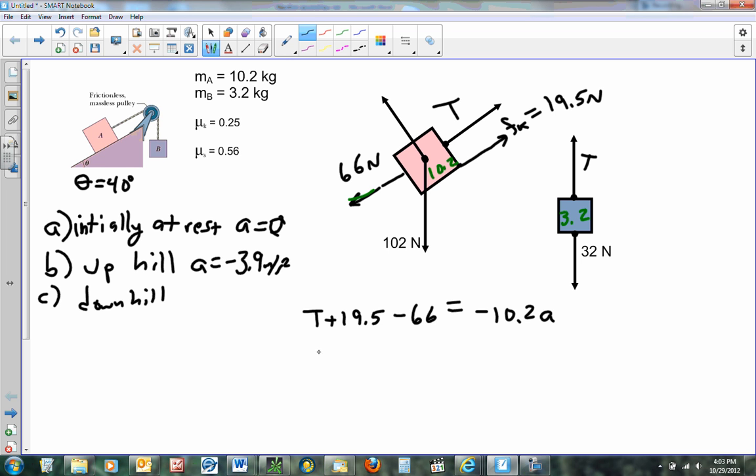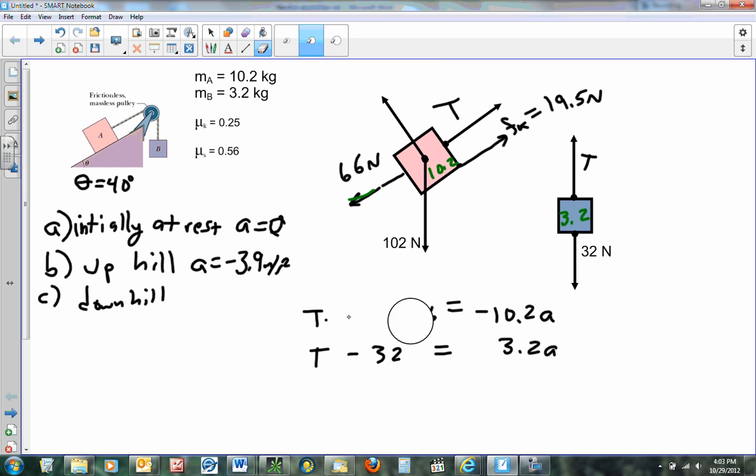And then for the blue one, the 3.2, we got T minus 32 equals positive 3.2 A. All right, so these two right here combine to give me negative 46.5 newtons. And I'm going to multiply this bottom one through by negative. Look, I'm adding these two together again. Again, I get 13.4 kilograms for the total mass.